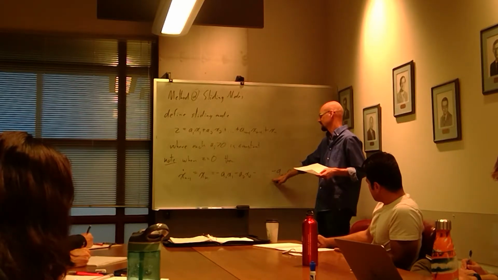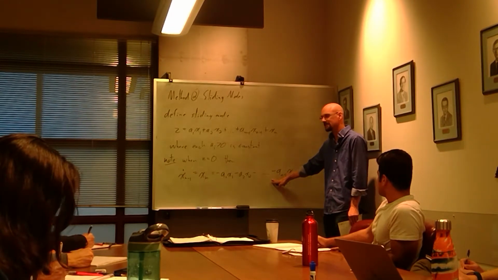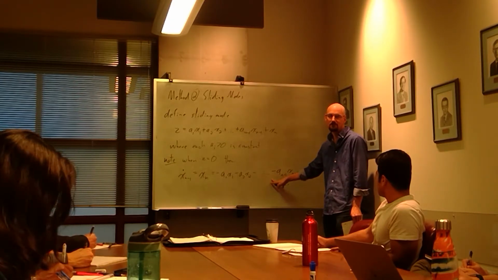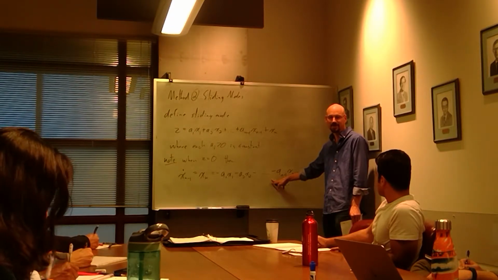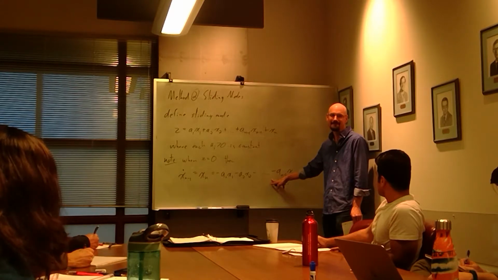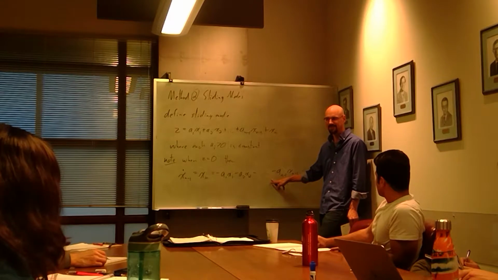So what kind of system is this? It's an awful lot like the last one. Yeah, an exponentially stable linear system, right?